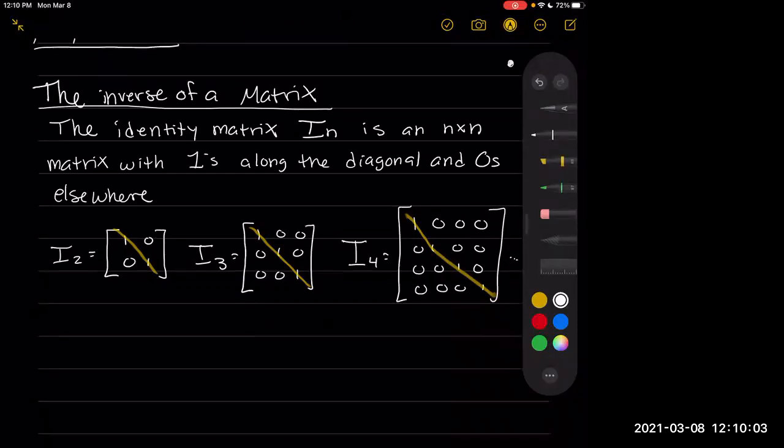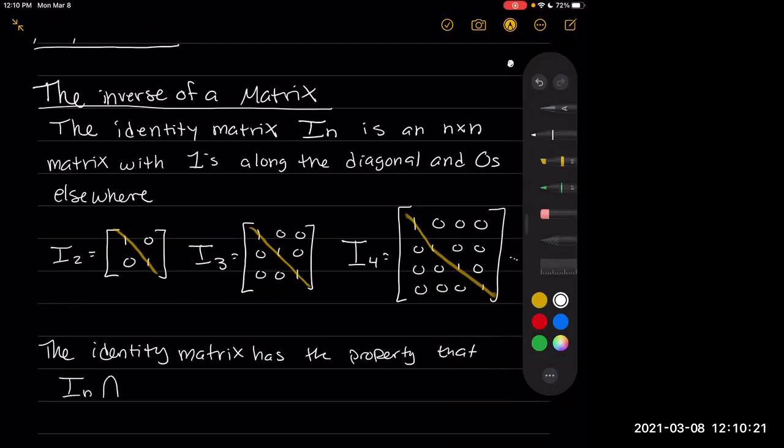So the identity matrix has the property that IN times a matrix A equals A, and B times IN equals B. So we can multiply it on the left or right, and it will just give us a matrix back out.